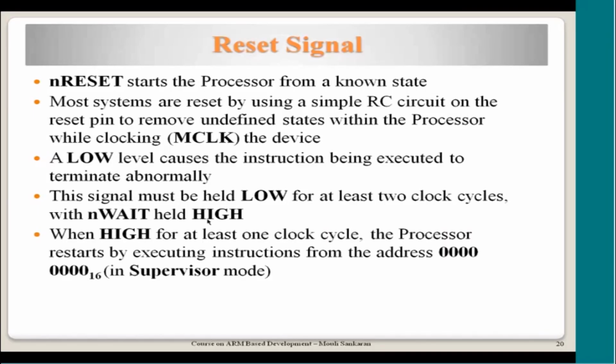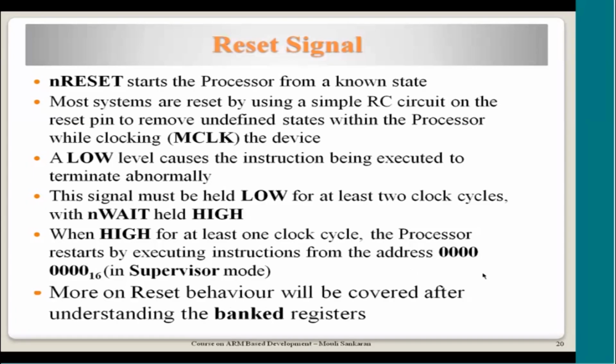As I told you, nWAIT should be high for the nCLOCK signal to be used right away. Otherwise, if you hold nWAIT low, then the clock is held low, and you have that stretching of the signal. Okay, the clock is slowed down because of that. Now, the supervisor mode.